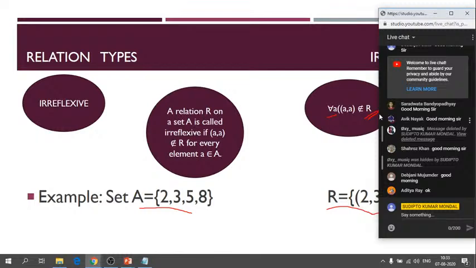Reflexive and irreflexive, they are complement in nature. Your response please.